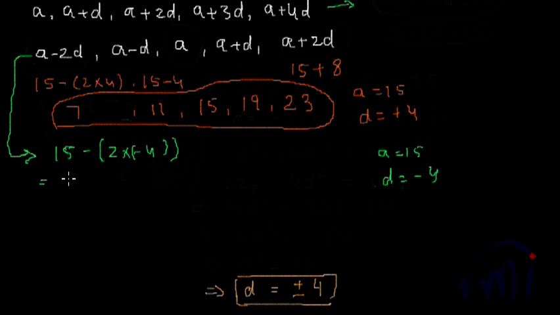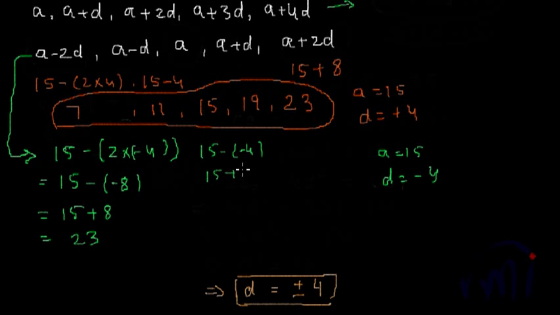This will be equal to 15 plus 8, and this will be 23, right? And the second term would have been 15 minus minus 4, that is 15 plus 4, and that would have been equal to 19, right?